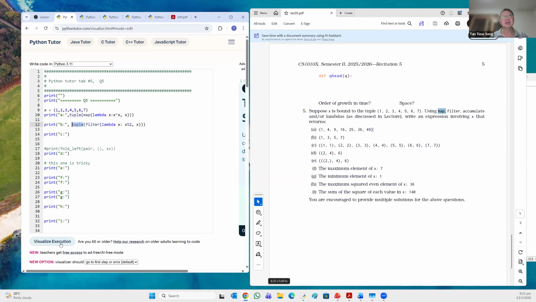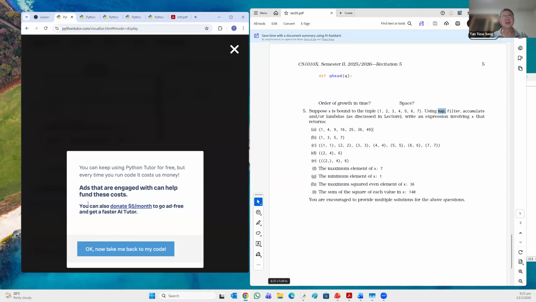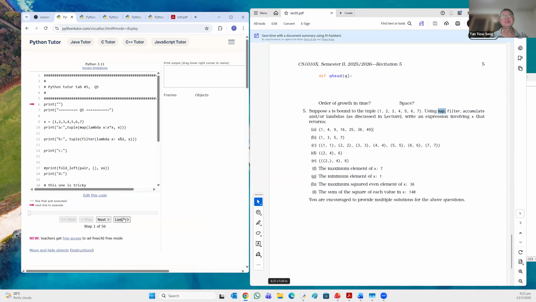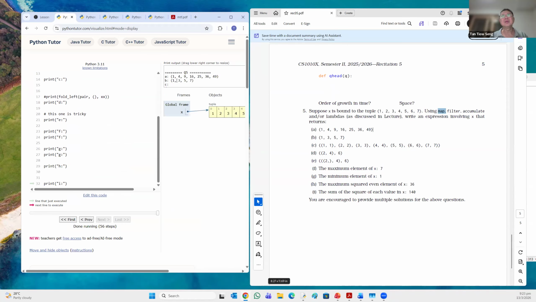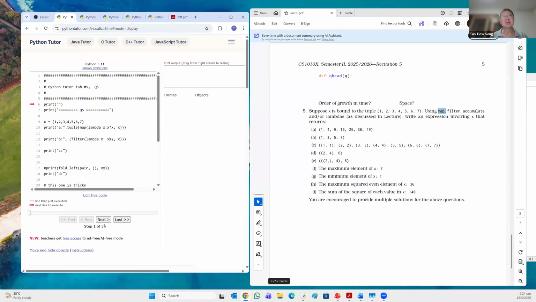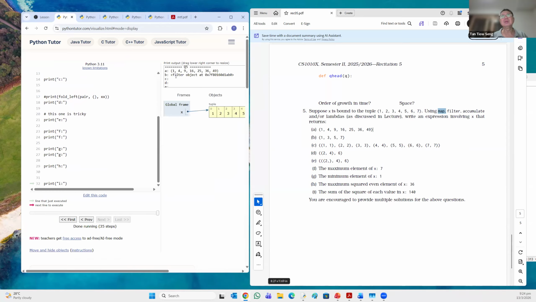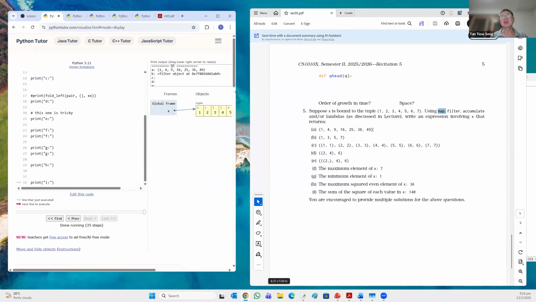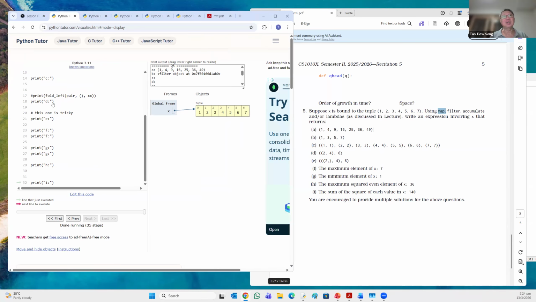Let's try. All right, 1, 3, 5. If you don't do the tuple, let's see what happens. It is an object. Also be careful: when this is an iterator, you will use it up, and it will be gone.